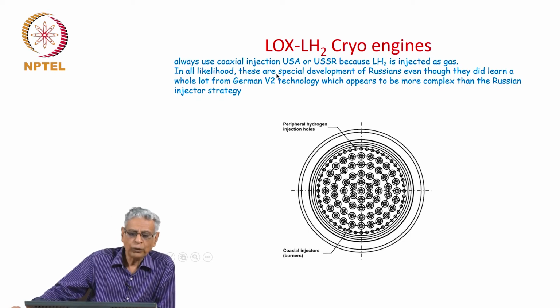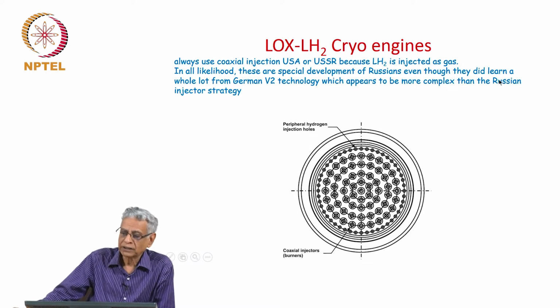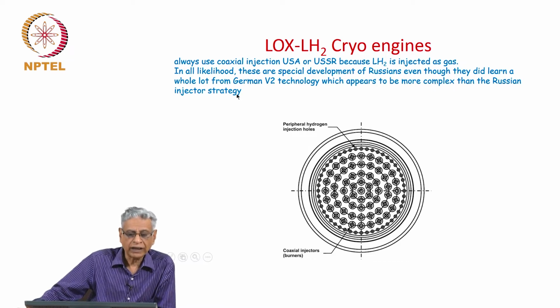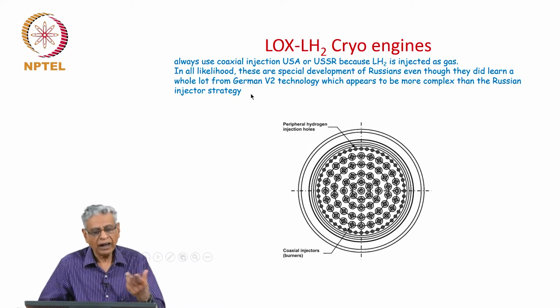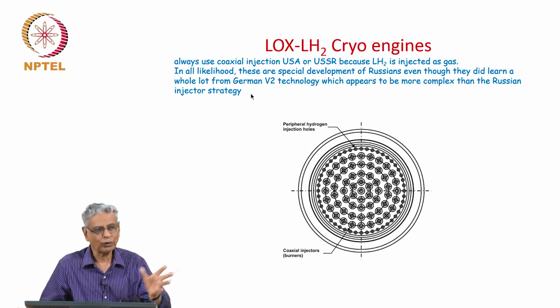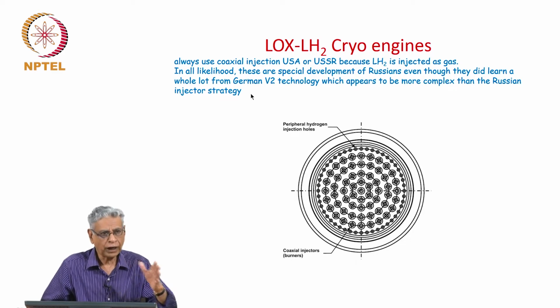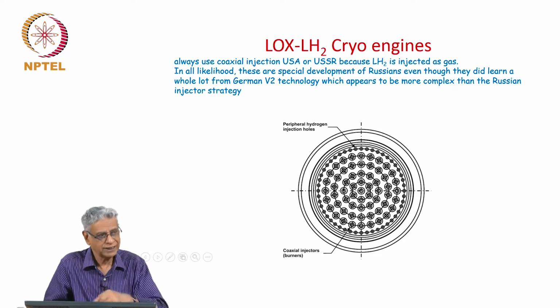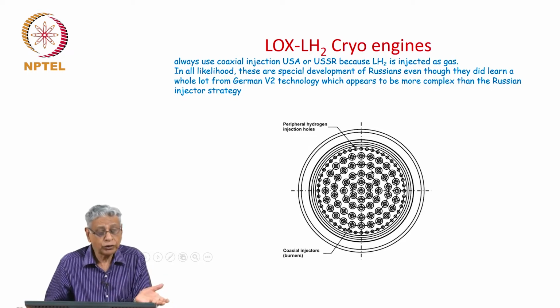In all likelihood, this is a special development of the Russians, even though they did learn a whole lot from German V2 technology, which appears to be more complex than Russian injector technology. I can't say much more than that at this stage. You trace back the history, you can't get the precise origin of why they chose this design, because they seem to have chosen it for many other applications, including storable oxidizer and fuel combinations.